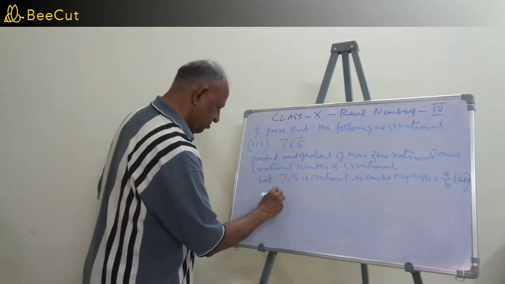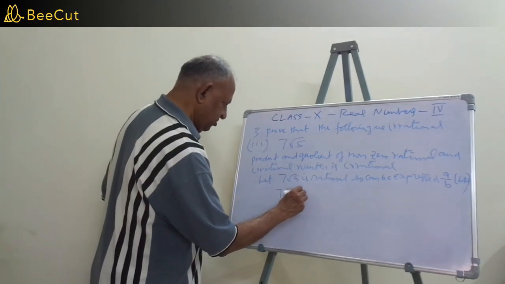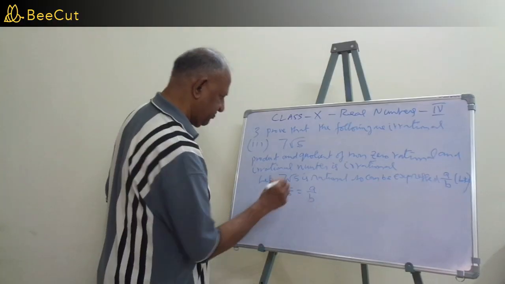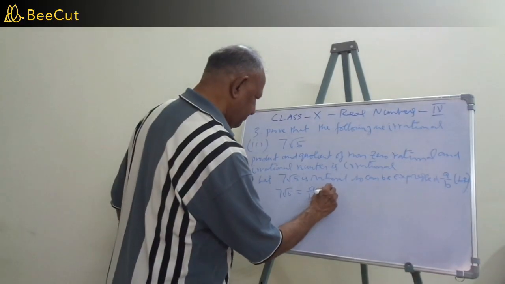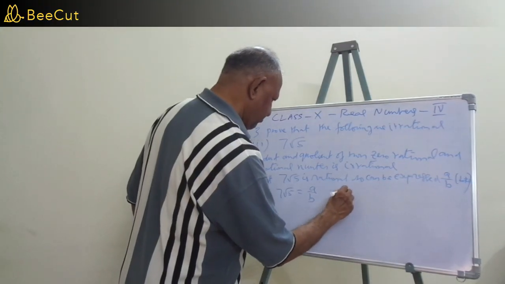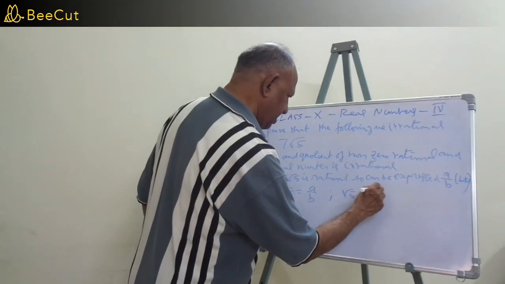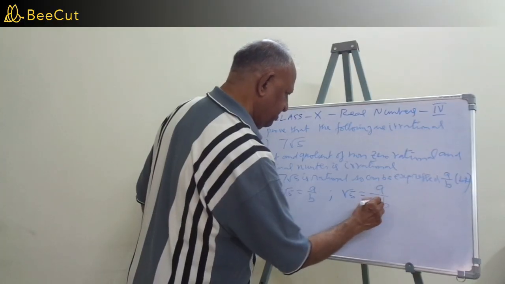So 7 root 5 is equal to a by b. We can rewrite it as root 5 is equal to a by 7b.